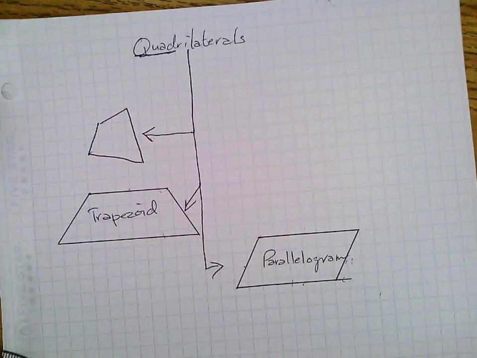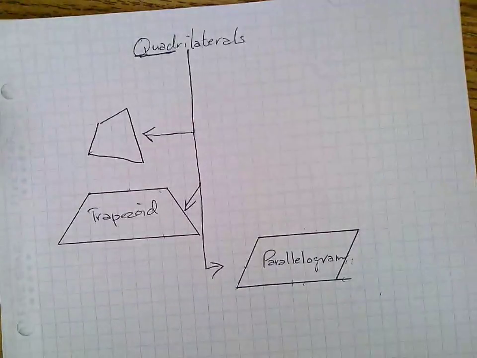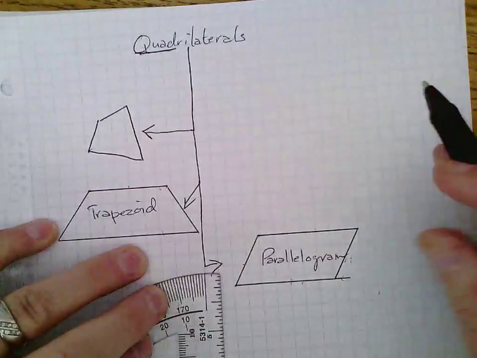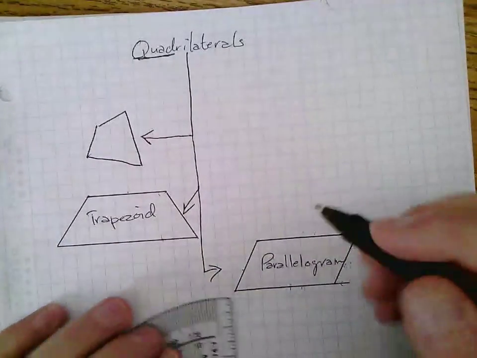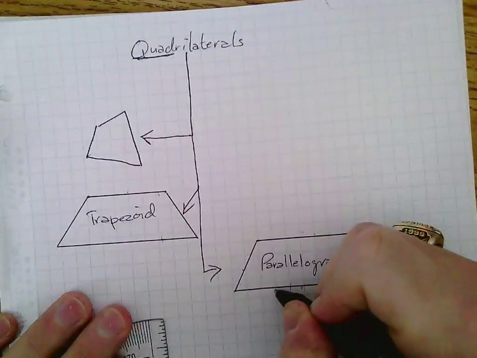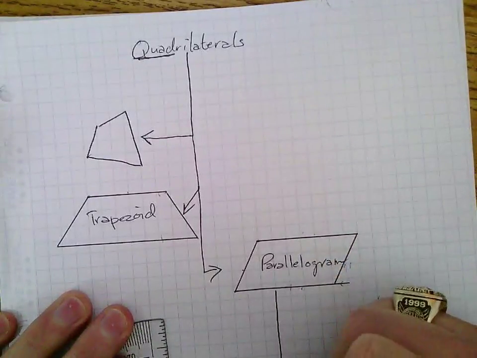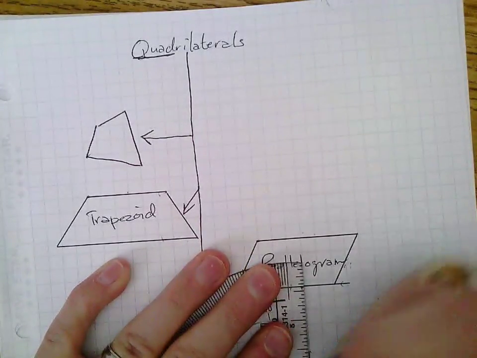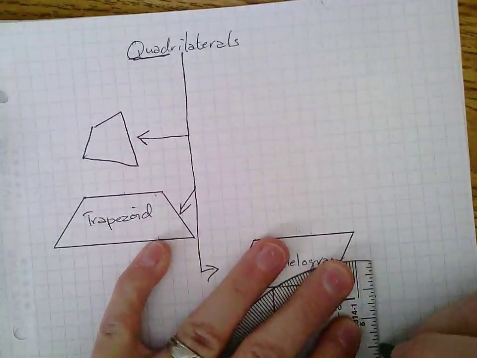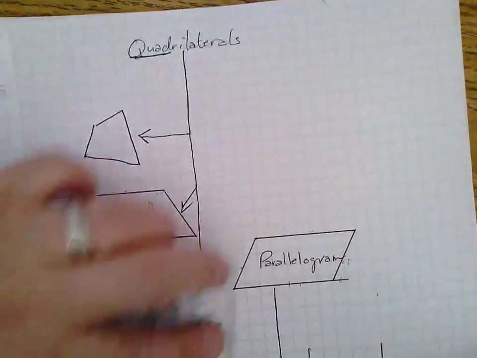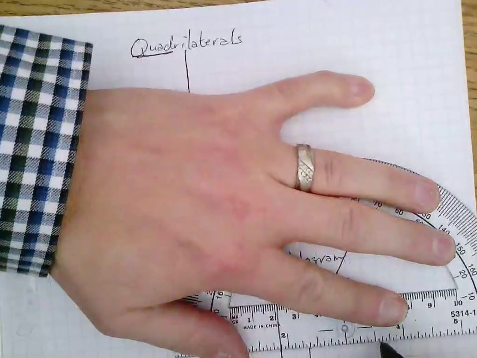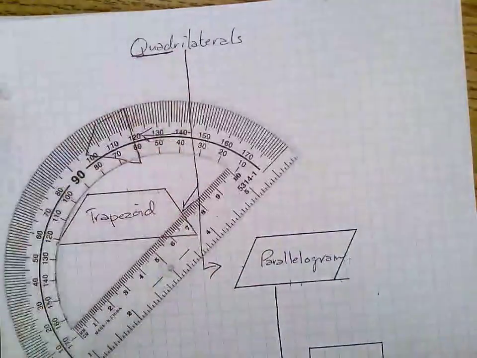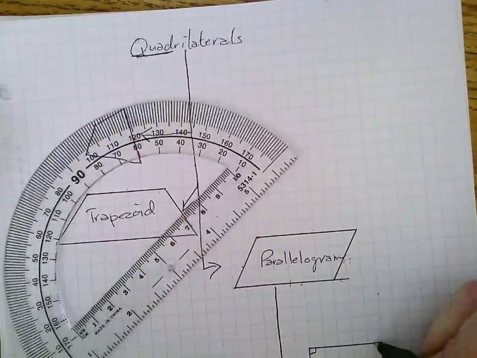But what if we can find some special parallelograms? Well, I think we can. Let's see, this parallelogram doesn't have any right angles, but what if I made one that did have right angles? I'm going to make a little arrow down here, and let's make a parallelogram that has four right angles. There are two parallel sides, and here are two more parallel sides, and these are all right angles.